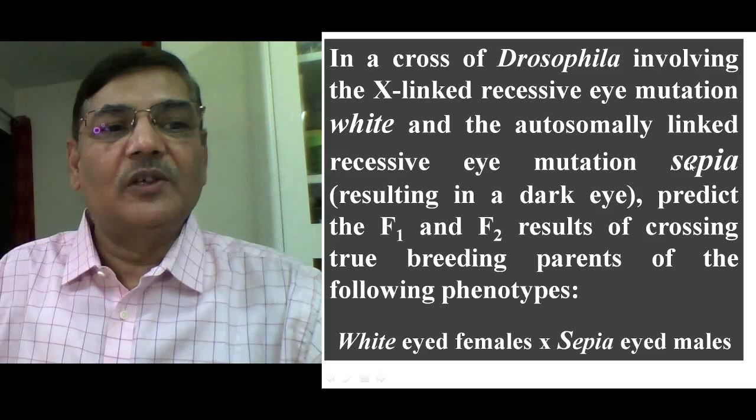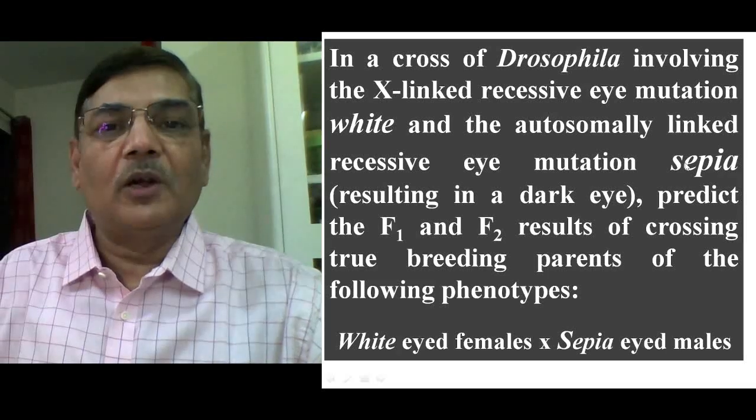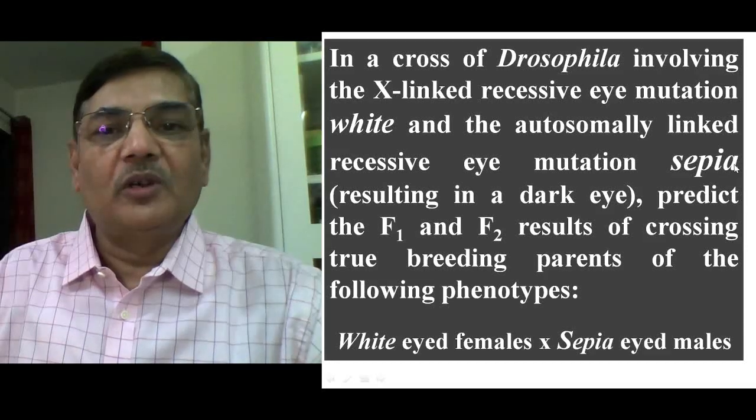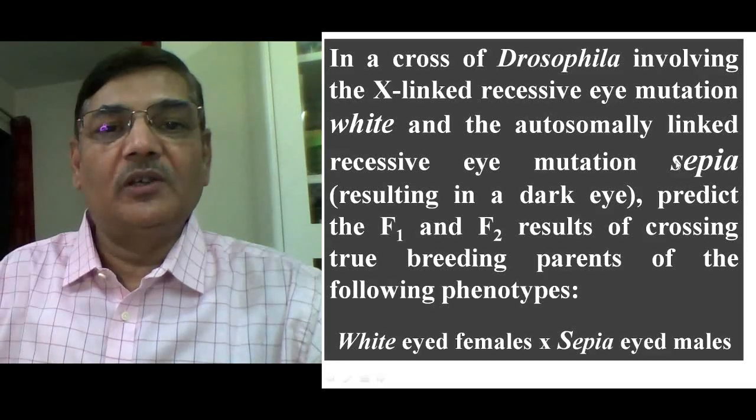The other one, sepia eye color, in which the eye color will be brownish black. Such eye color mutation is because of mutation in the third chromosome. So it is an autosomal mutation in which the eye color changes.